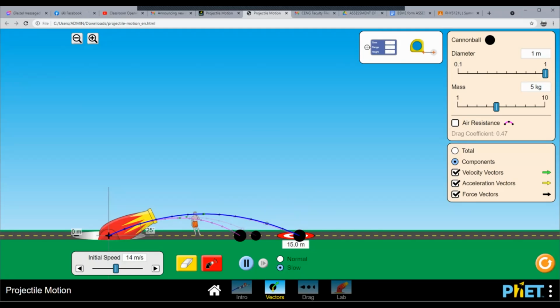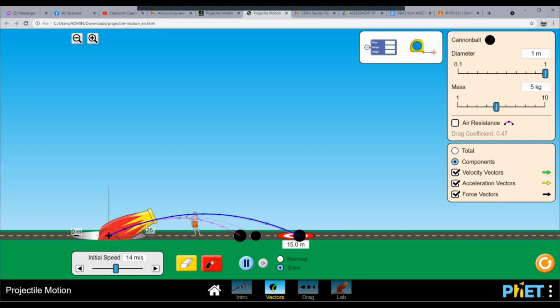Without air resistance. Anong nangyari? Na-hit pa rin po yung target. Okay, so what can be your conclusion? Hindi po nagmamatter yung diameter pag wala pong air resistance.